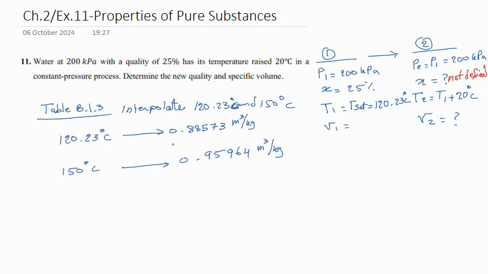So we need to find our specific volume 2 at the 140.23.